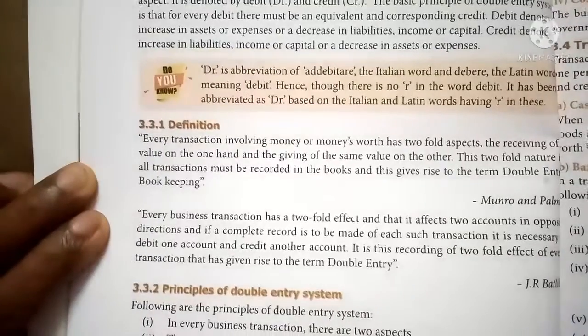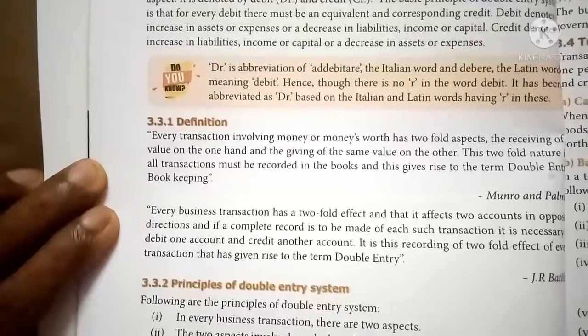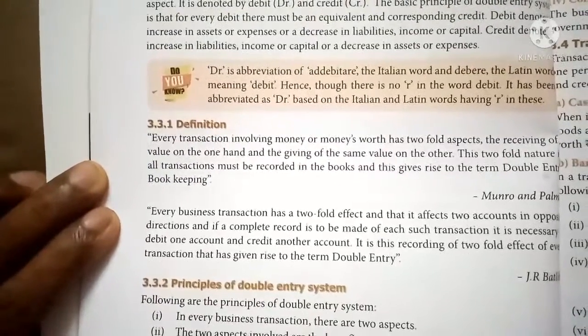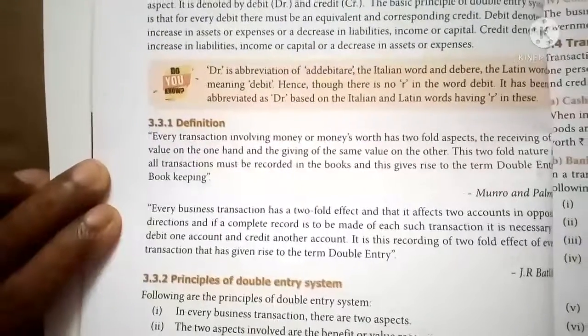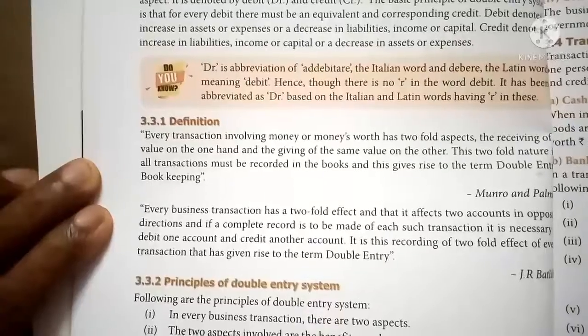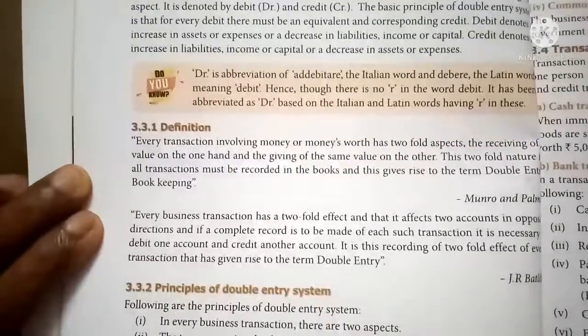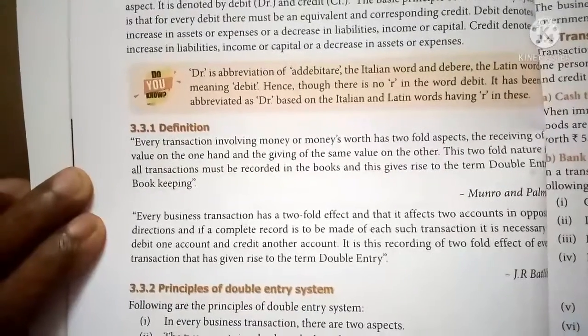For every transaction we record a double entry, that is, a debit entry and a credit entry: debit aspect and credit aspect, receiving aspect and giving aspect, incoming aspect and outgoing aspect. Both aspects will be recorded in the books of accounts. That's why it is called the double entry system of bookkeeping.